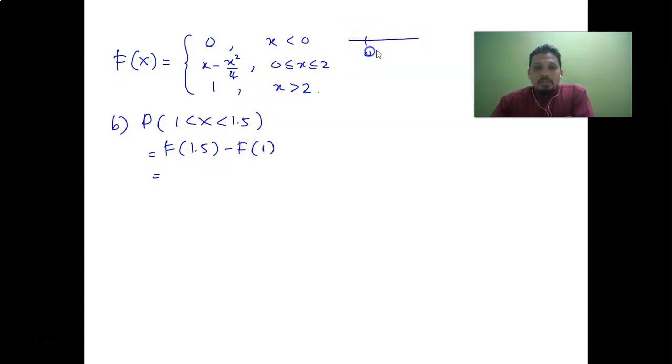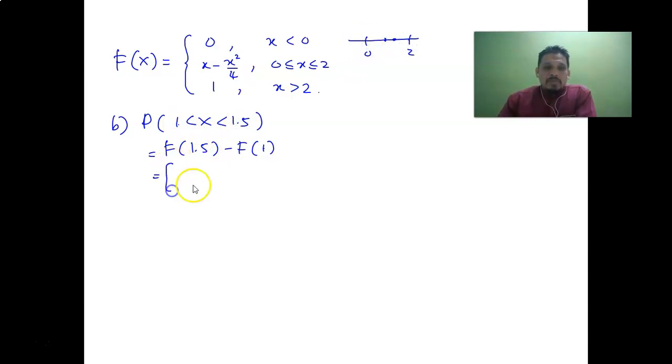Again 0 until 2, so 1.5 lies in between here, and 1 also here. So just imagine that we take this function, x minus x squared divided by 4, because both of these values of x lie in the domain of 0 until 2.